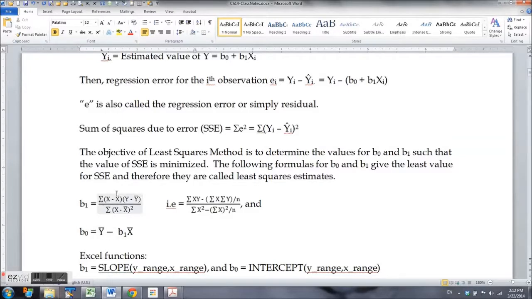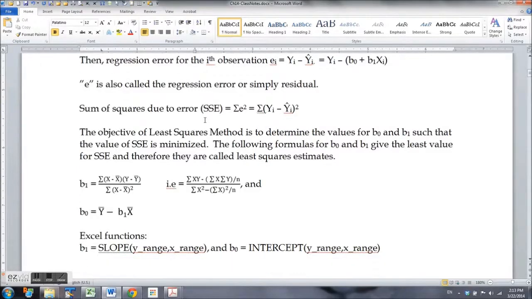These two formulas are called the least squares estimate, because if you find the values of b sub 1 and b sub 0 in this fashion, the sum of squares due to error, SSE, is guaranteed to be the minimum possible value.